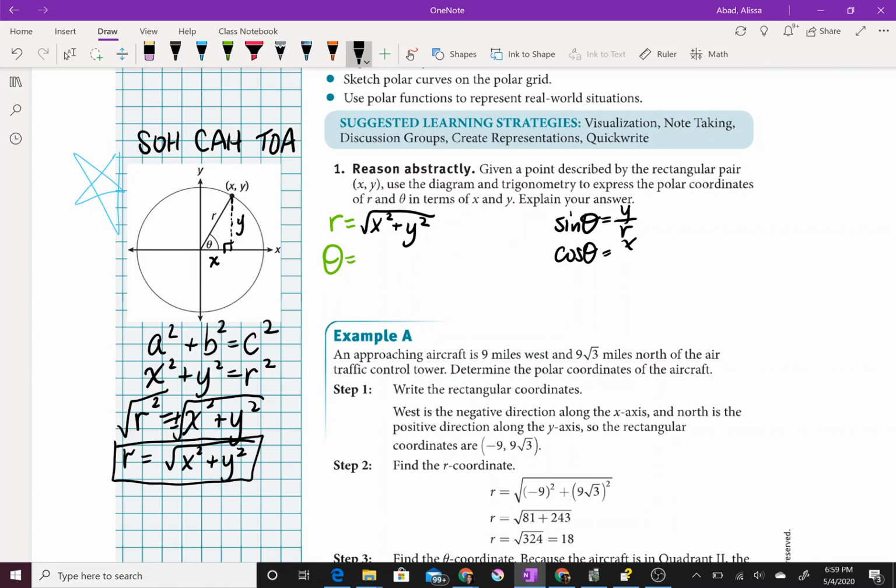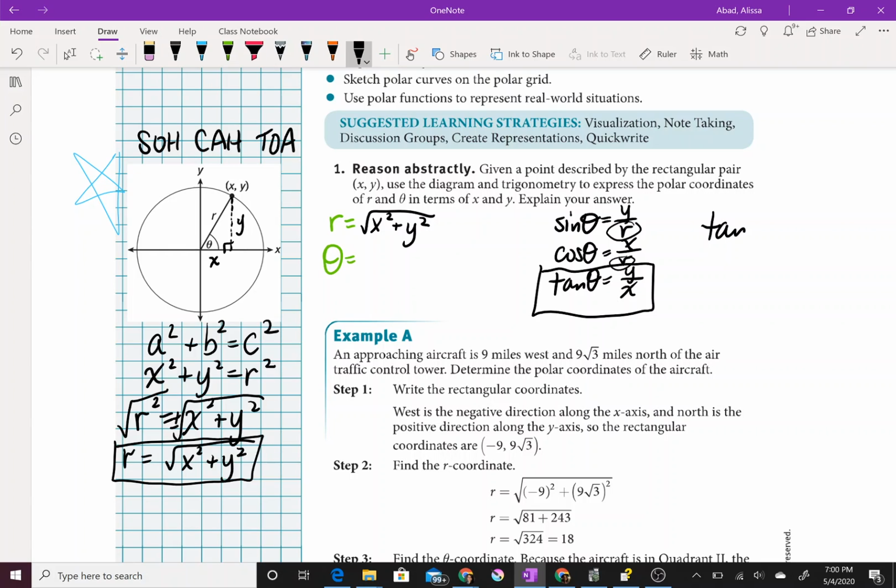Cosine of theta is x over r. Tangent of theta is y over x. So which of these equations are going to give us information about theta in terms of x and y? For sine and cosine, they do have theta, they do have y, or they do have x, but we have r here and we don't want to have that. So tangent is going to help us to get theta by itself in terms of x and y.